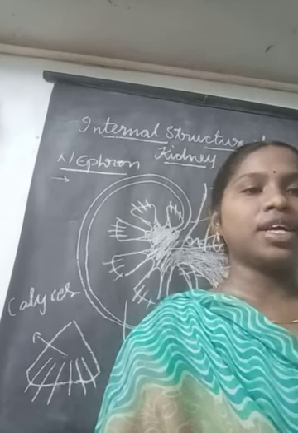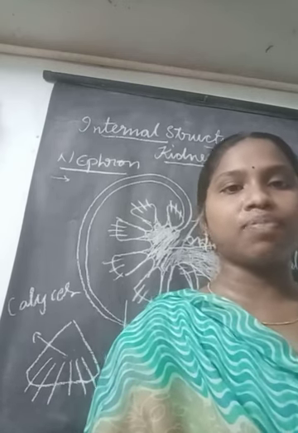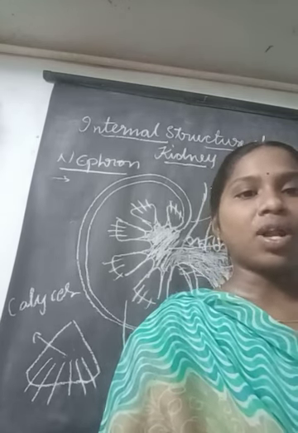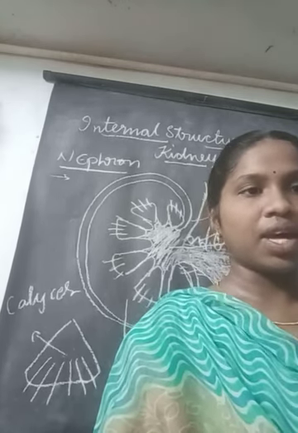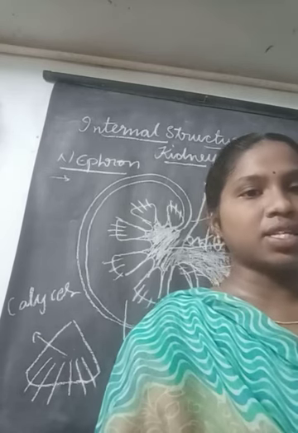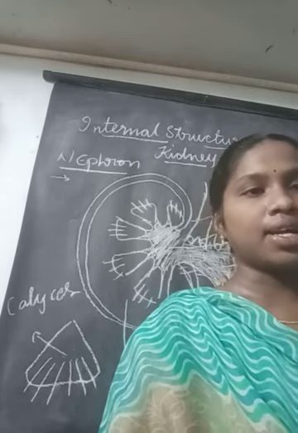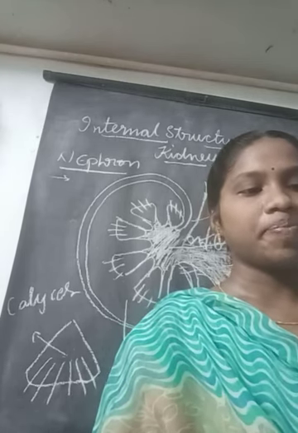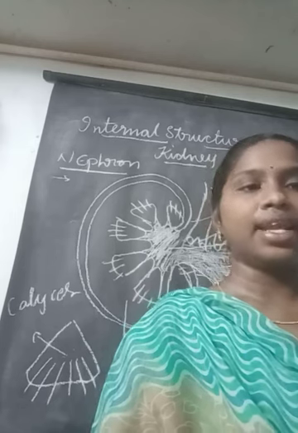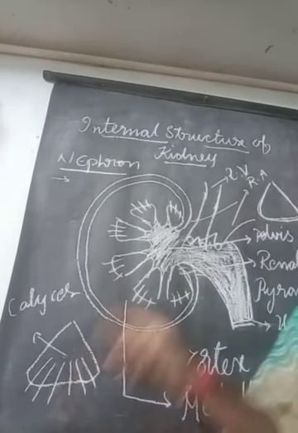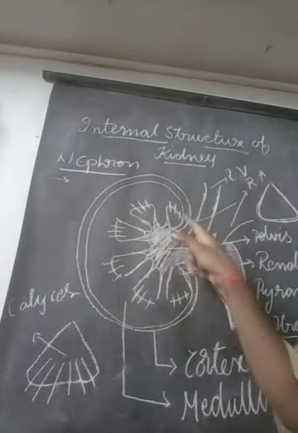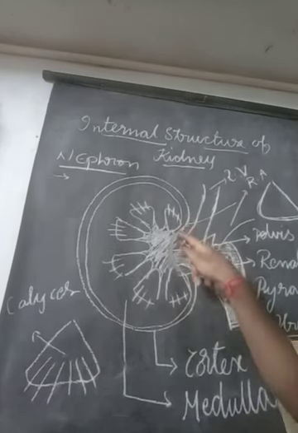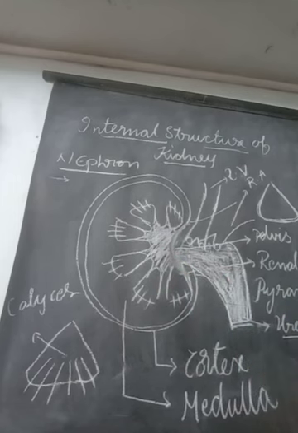And if you remember yesterday's concept, listen to my question once again. What is the place where entry and exit of renal artery, renal vein and ureter takes place? Hilus. This entire region, this entire notch is called hilus.